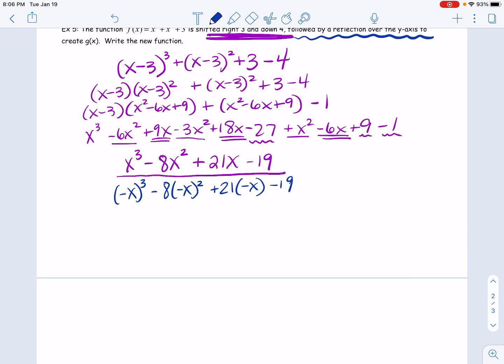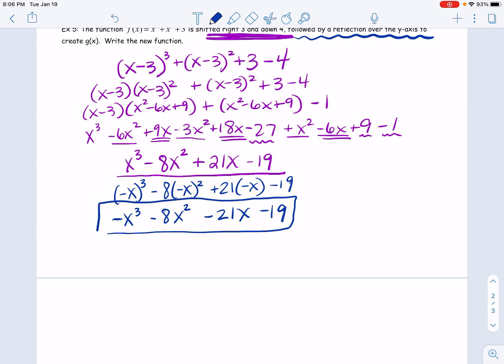So now I just simplify that. A negative x cubed is still a negative x cubed. This is going to be a negative 8 times a positive x squared. This is going to be a negative 21x, and then that's still a negative 19. So it didn't change a whole bunch, but it did change some. And this is my final g of x function.